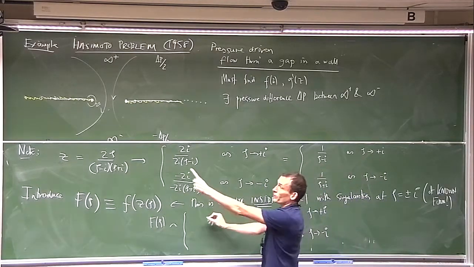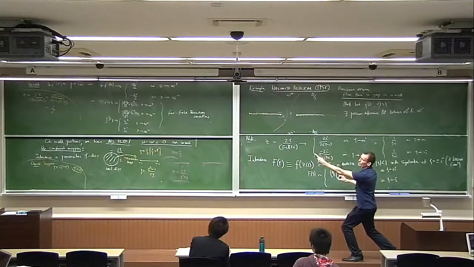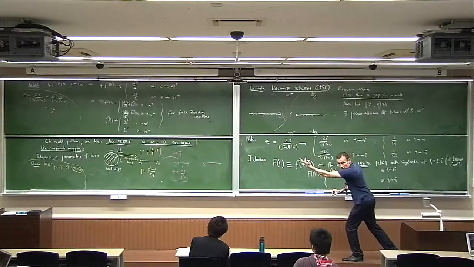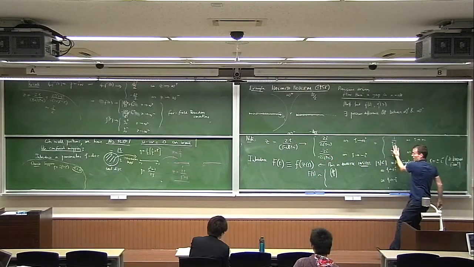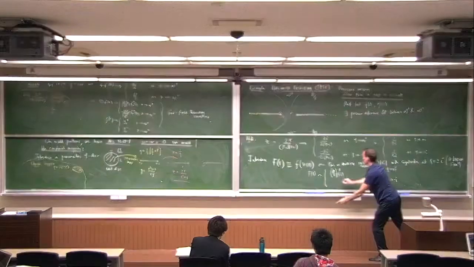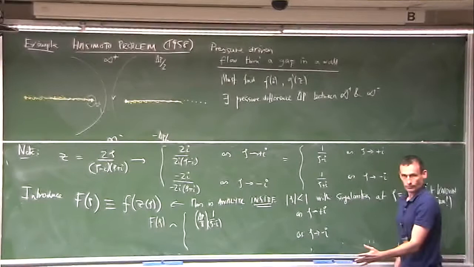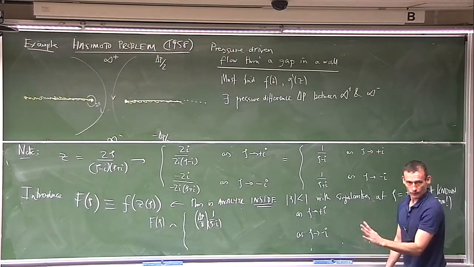Well, watch me, everybody. It goes like delta P over 8, that's just a constant, times Z. But Z goes like this, I've just determined. So in other words, F of zeta goes like this. Everybody with me?